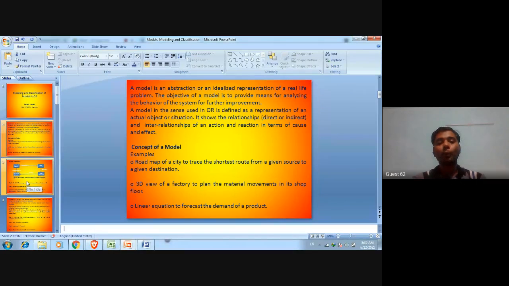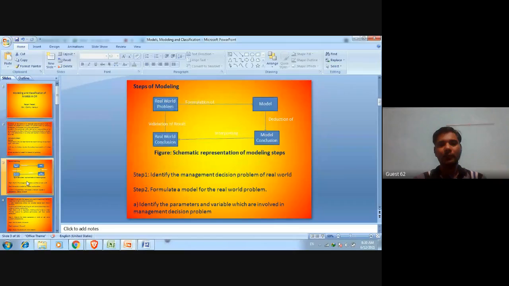Now, what is modeling? Modeling is the process of constructing a model. Modeling means a process. Here I have drawn a diagram which you are seeing on your screen. This is your real world problem.